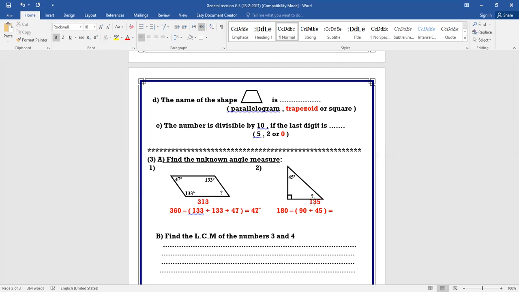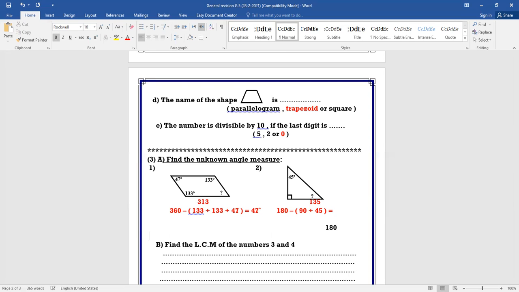This will be 135. Now 180 minus 135. If you want to write it vertically, no problem: 180 and minus 135.